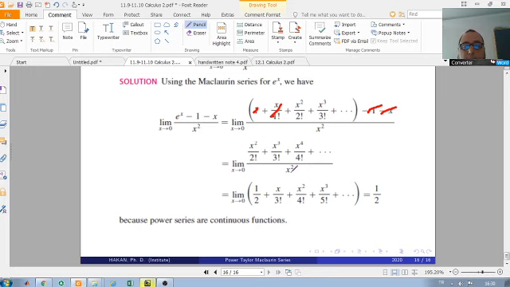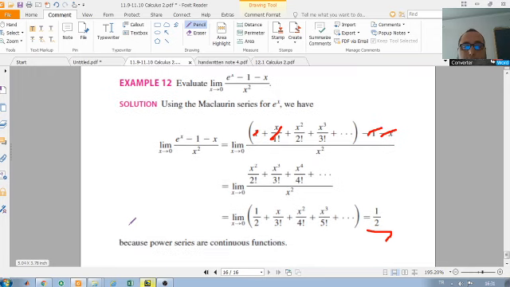By applying the division to every term, x^2 over x^2 becomes 1, therefore we have 1/2!. x^3 over x^2 becomes x, x^4 over x^2 becomes x^2/4!, and so on. If you write 0 for x, we can easily find 1/2, because power series are continuous functions.